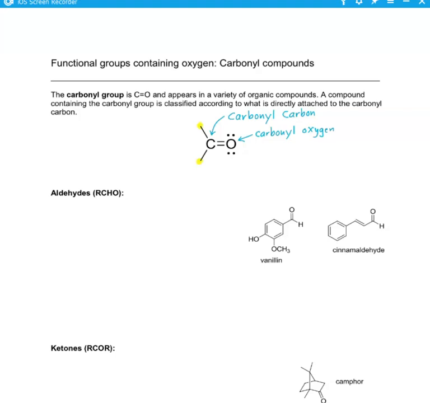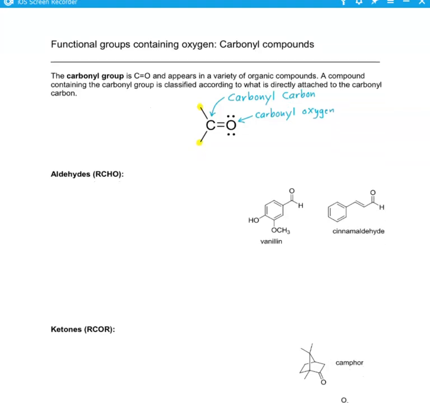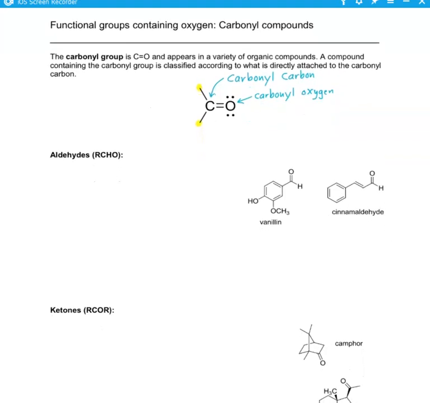So let's start by looking at a pair of types of compounds that are pretty closely related to one another, and those are called aldehydes and ketones. So we'll start with aldehydes. The abbreviated form of an aldehyde is RCHO. So let's draw that out.